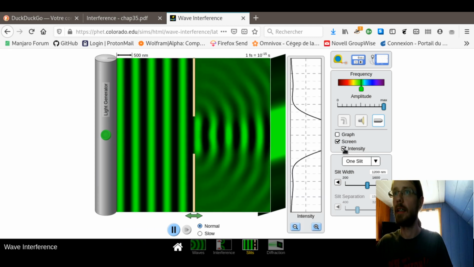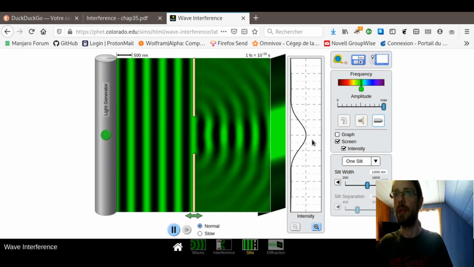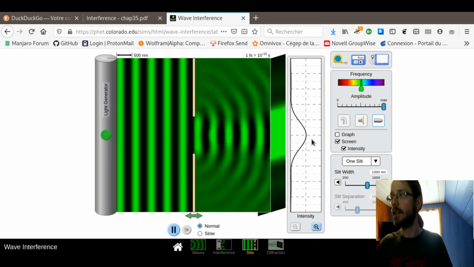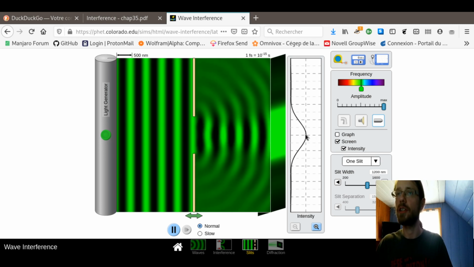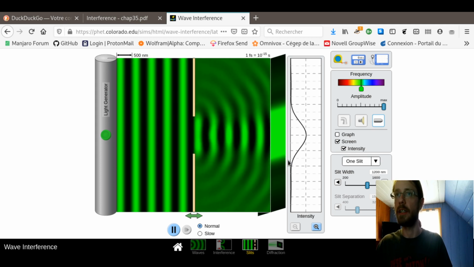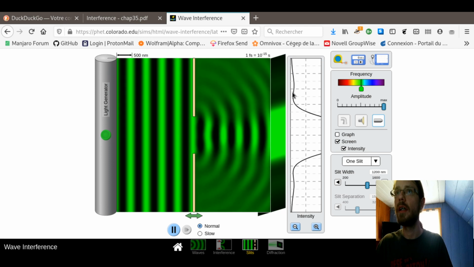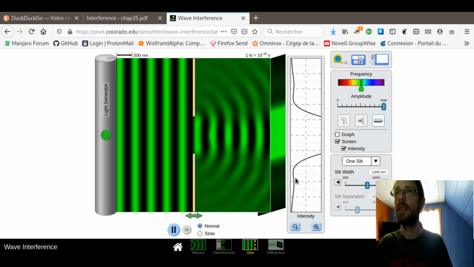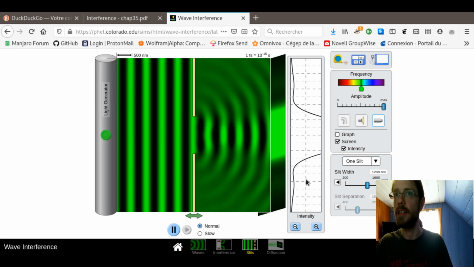I'll put in a graph of the intensity to show them off. So we have, this is the intensity of the light. So again, the greater the intensity, like here it is very large, the brighter it is. We have a very bright spot in the middle, but if I zoom in, we have some others here, some satellites on its edges.